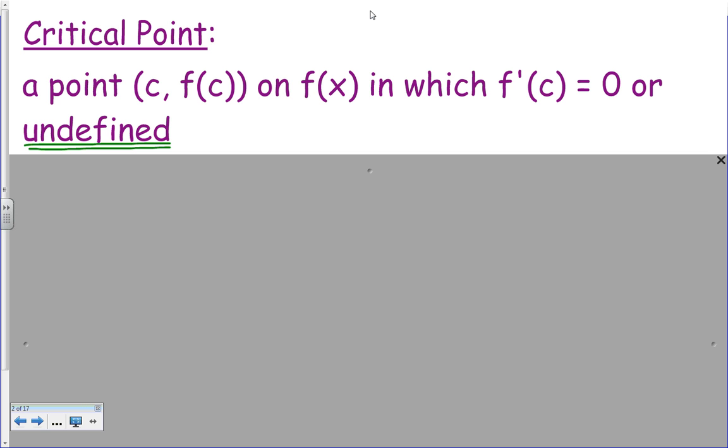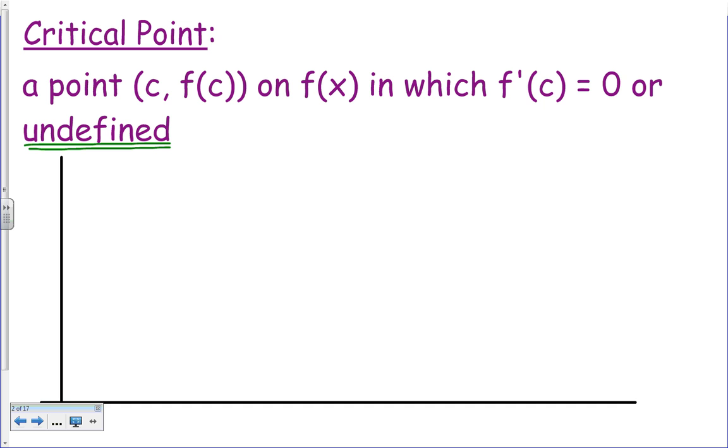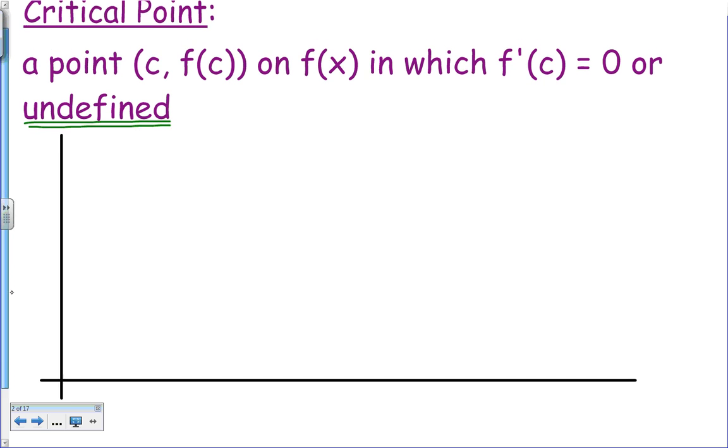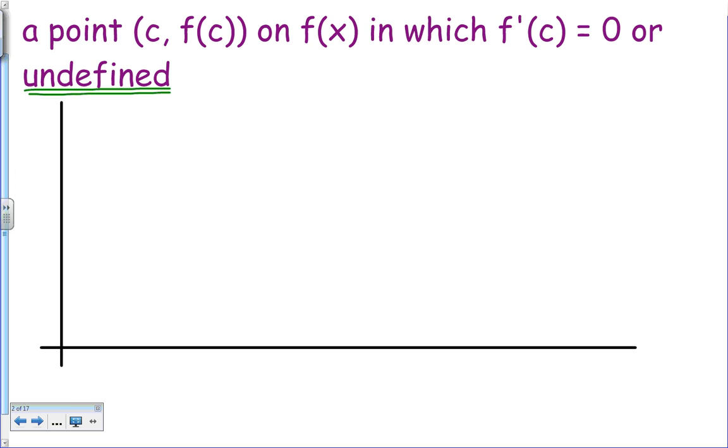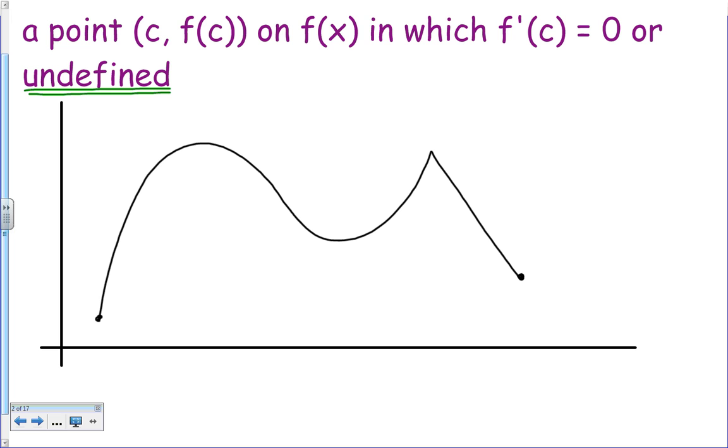All right, so let's look at a sketch here of a function that has some critical points in it. Let's just sketch a function that looks something like this. So this graph has a couple of different features here. First of all, you hit a maximum right here, and you hit a minimum right there, a high point and a low point on this function. And this would be where f prime of c is equal to 0 at these 2 points.